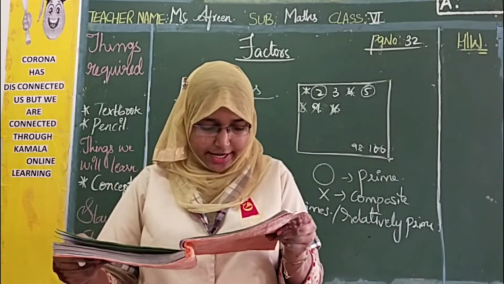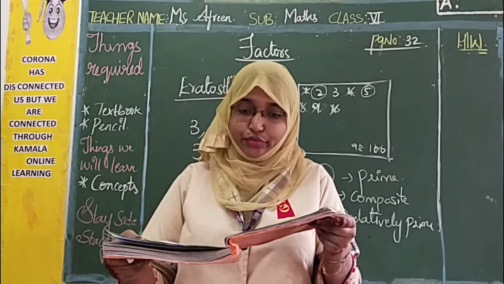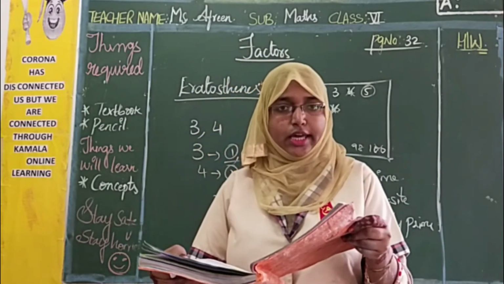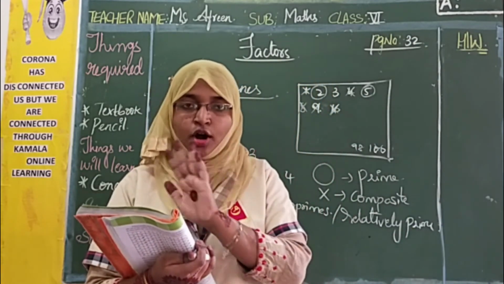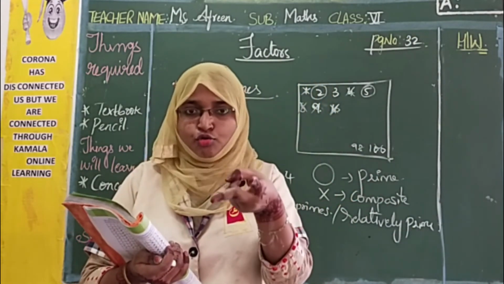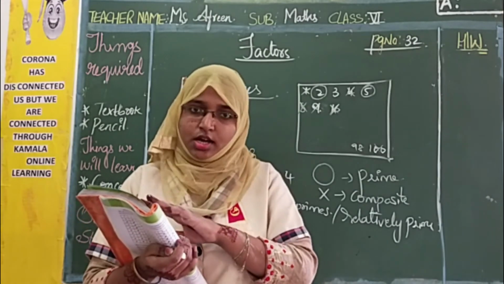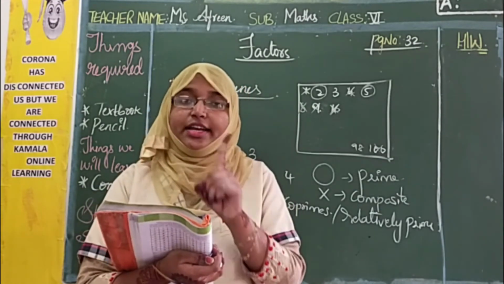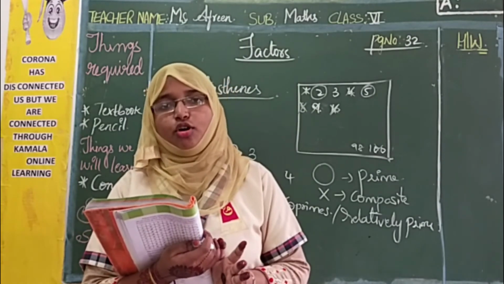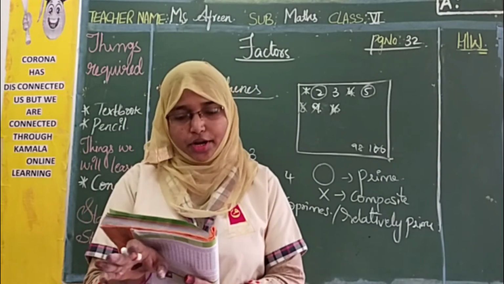Factors of 3 are 1 and 3. Factors of 8 are 1, 2, 4 and 8. And here also the only common factor is 1. The numbers must have only 1 as the common factor, not anything other than 1. Suppose they have 2 common factors, then it is composite. Having only 1 as the common factor, only then is it called co-primes or relatively prime.